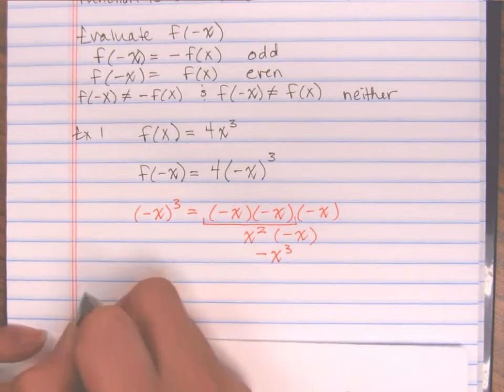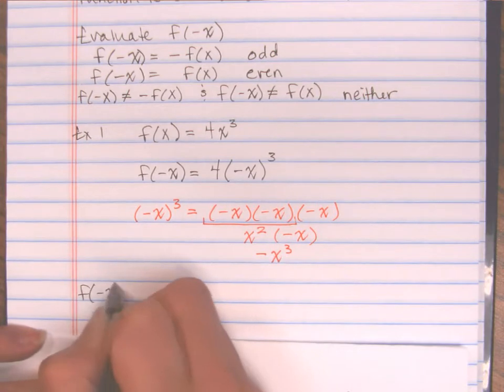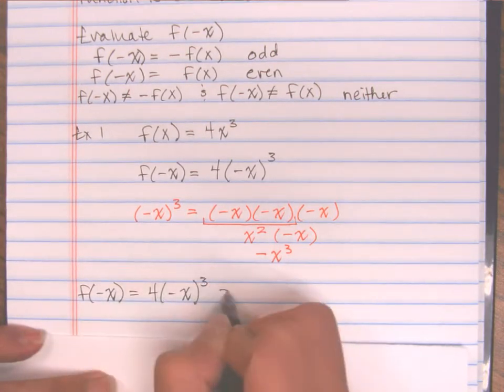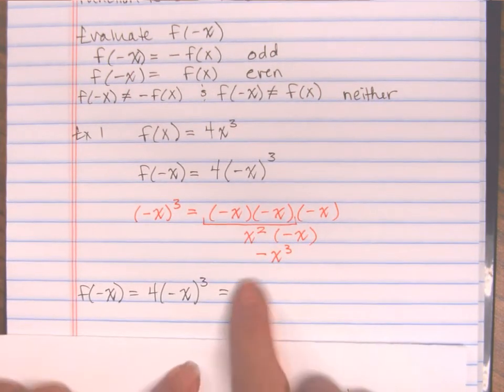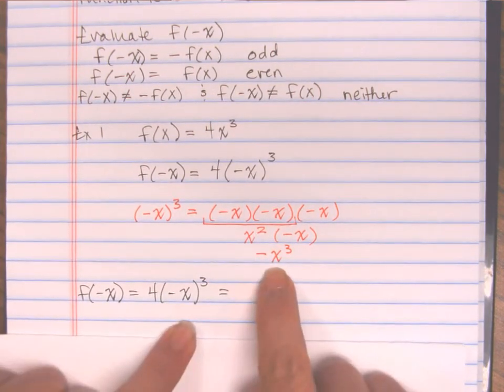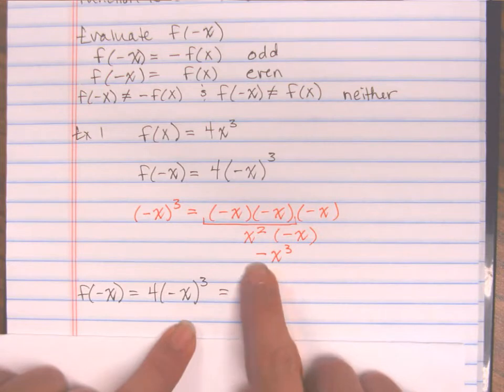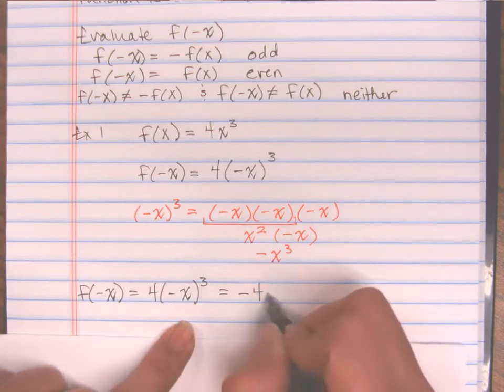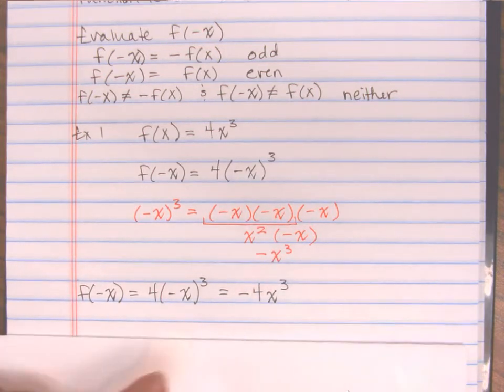So f of negative x equals 4 times negative x cubed. And we saw from our side work right here that that's going to be negative x cubed outside of parentheses, which means I can move this negative sign in front of my 4x cubed.